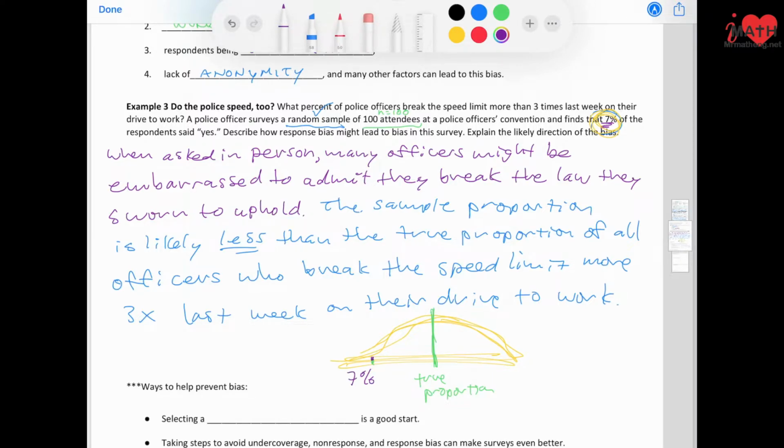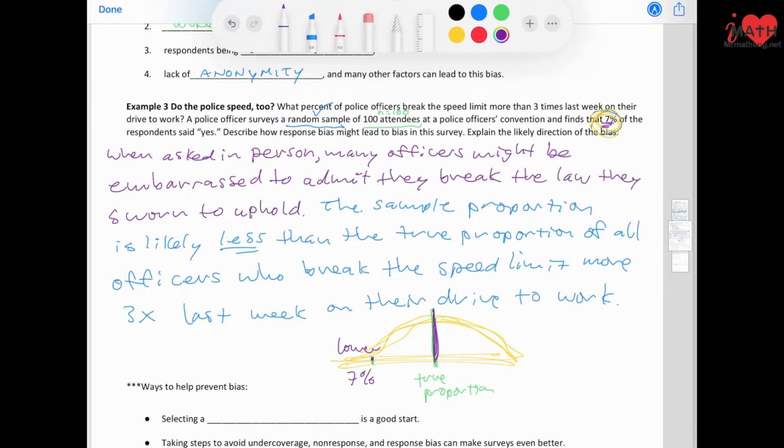Because I think more police officers would probably admit if the situation was, they can respond anonymously through a text, right? Maybe they do a survey as soon as they come in, maybe they go into a booth and no one knows and they can press yes or no. So I think this number is lower than what the true proportion of actually police officers breaking the speed limit is.